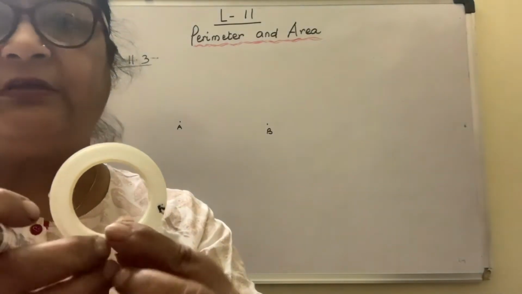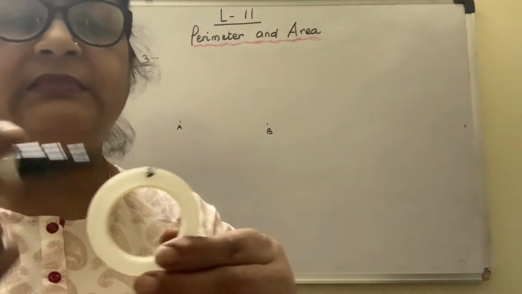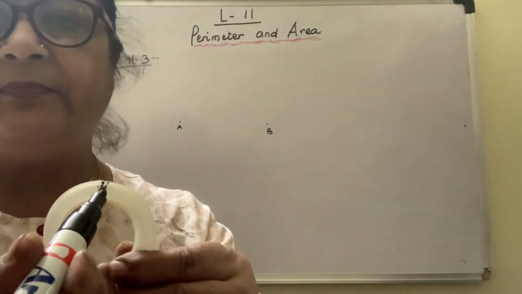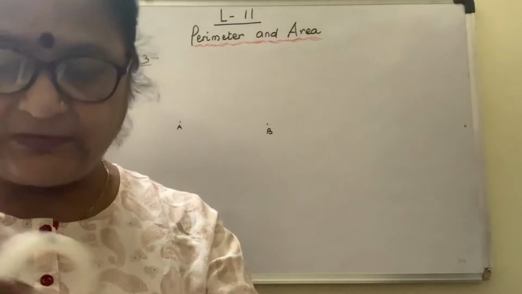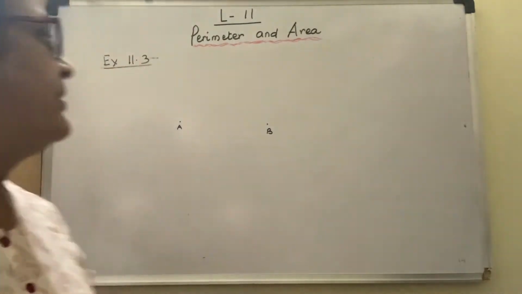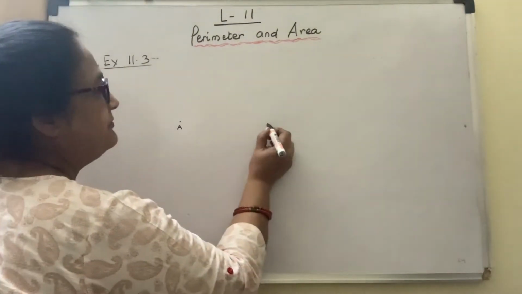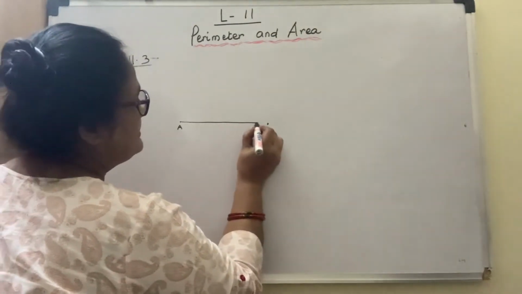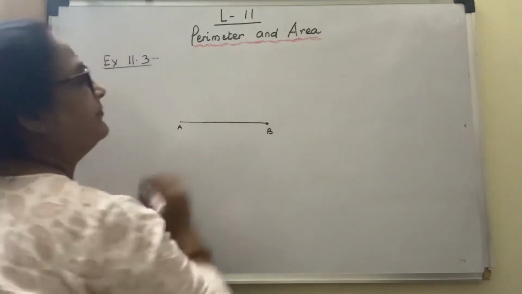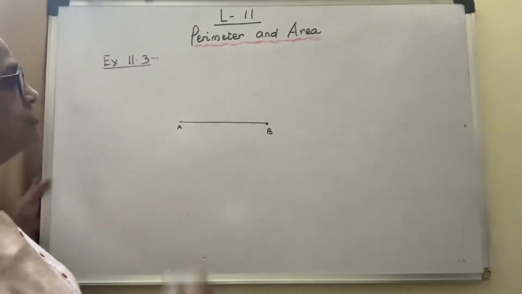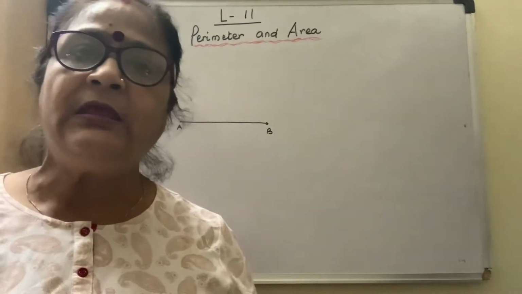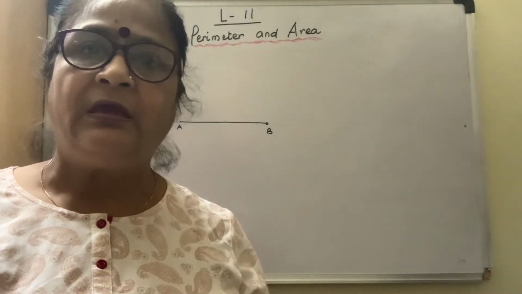And when this point came back to the board again, I marked that point as B. So this was my point B. Now from A to B, a straight line has formed.